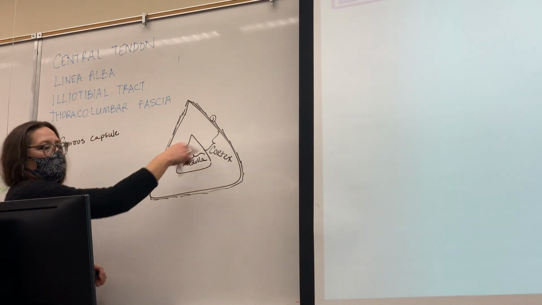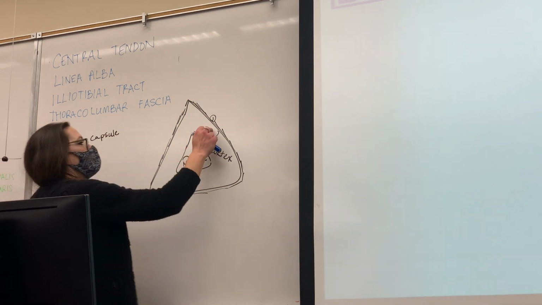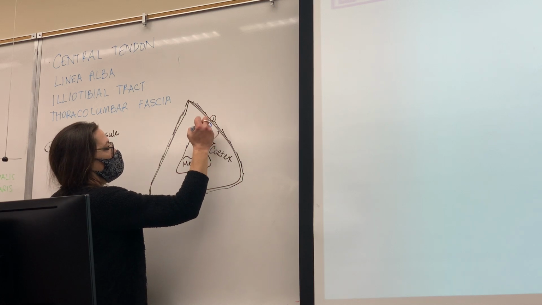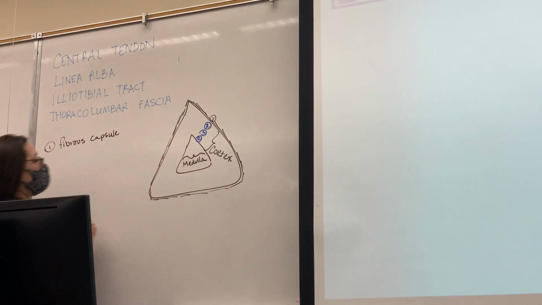And then you go into cortex, okay? So for the cortex, you've got 3 different layers of cells in here. So I'm going to call it 2, 3, 4, okay? Number 2, number 3, and number 4 are all part of the cortex.